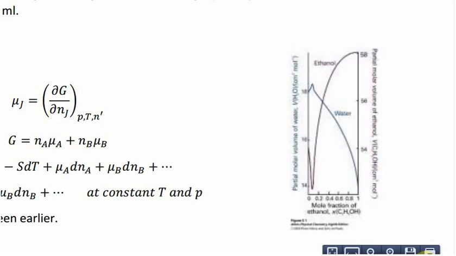And something strange happens over there. We'll talk about that later. The same strangeness in the reverse way happens over here, and it keeps on. So if you see, if the partial molar volume of water decreases, the partial molar volume of ethanol increases, and the other way around. This is something very interesting.